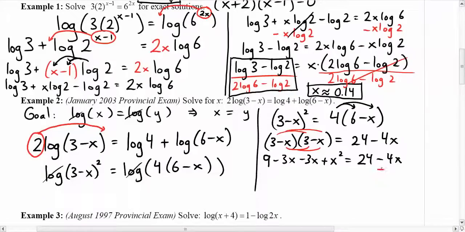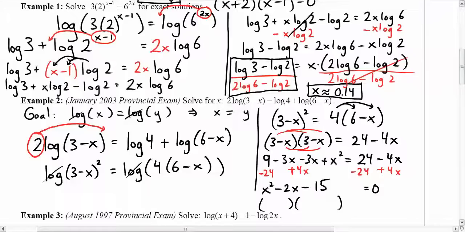So I'll put the 4x with the other x's. I'll put the 24 with the 9. Let's see, -3, -3, +4 is -2. 9 minus 24 is -15. And now I can factor.